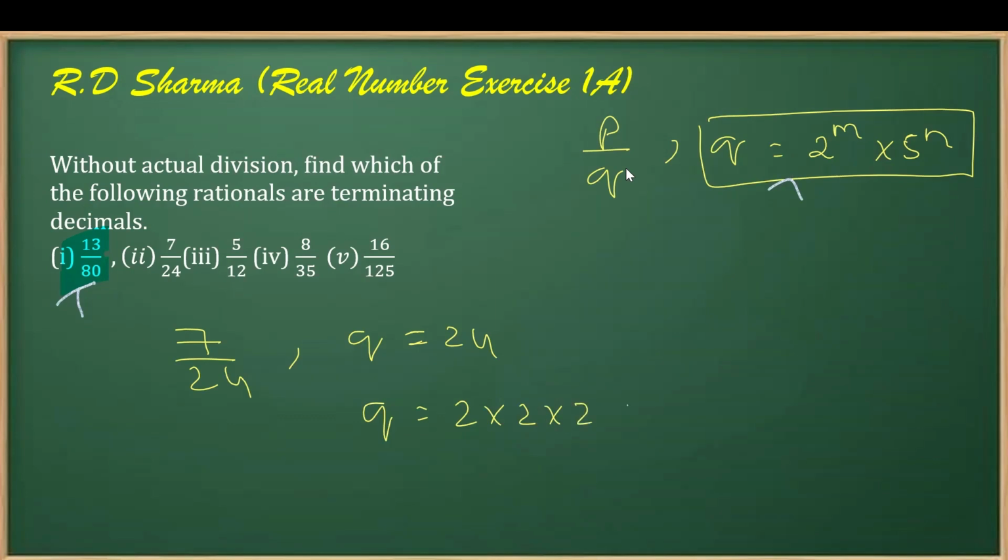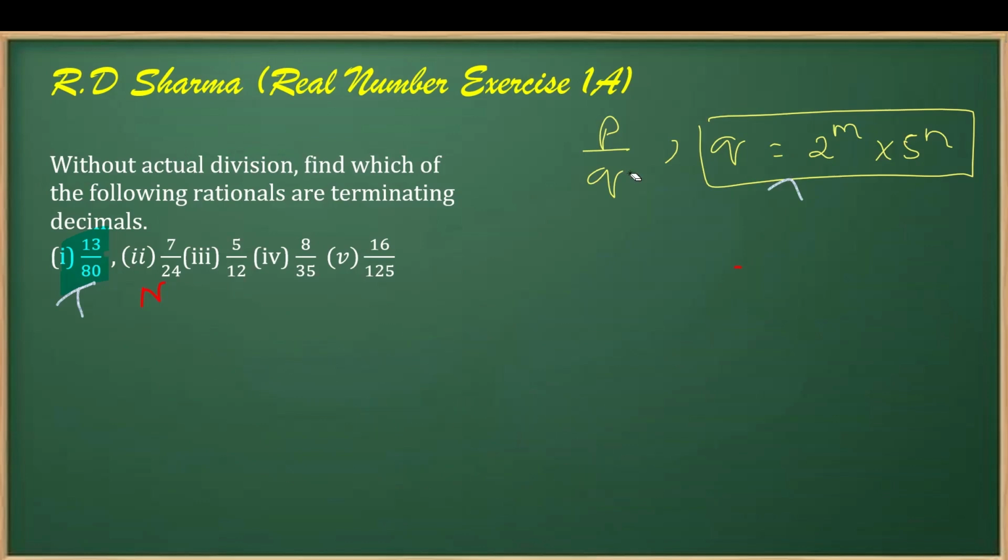So 24 is 2 raised to the power 3 into 3 raised to the power 1. Now check over here. You can see that it has a factor other than 2 and 5. So we'll say it is non-terminating recurring. Now next is 5 over 12.